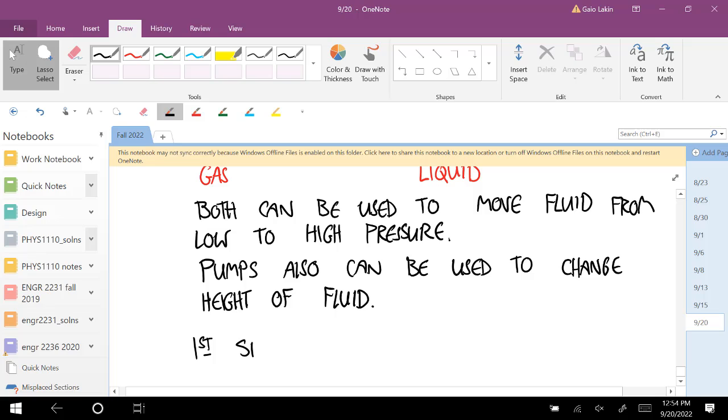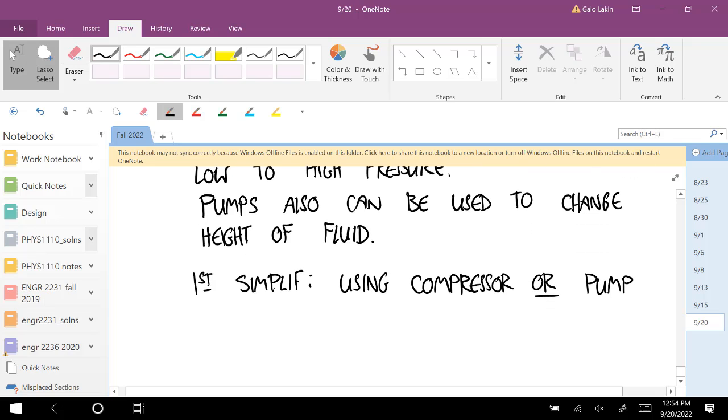So the first simplification is going to be using a compressor or a pump to move a fluid from a lower to a higher pressure.